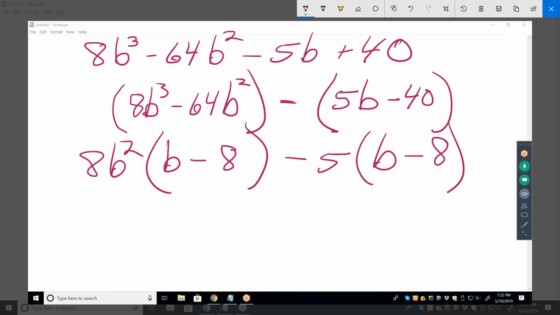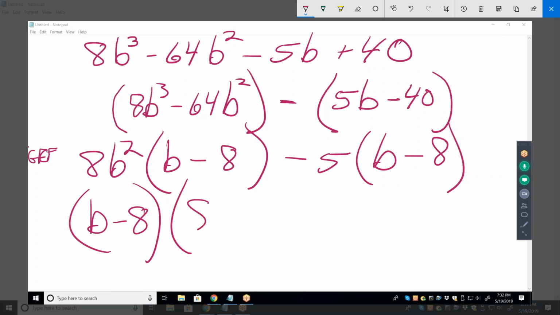You would... What's the greatest common factor that you're going to find in that expression? b minus 8? Yes. Okay. That's what we're going to divide both parts of this expression by. What's left over? 8b squared minus 5. There you go. Now you got it.